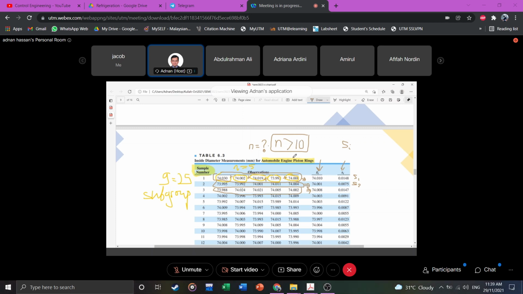Assume that N is sufficient to use the S chart.